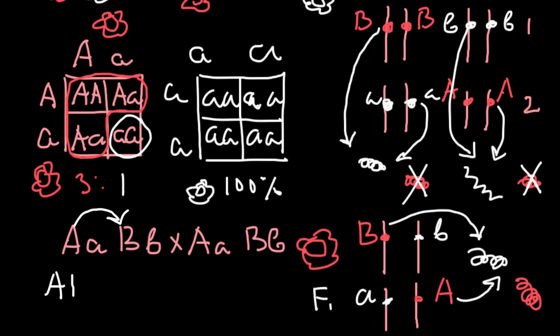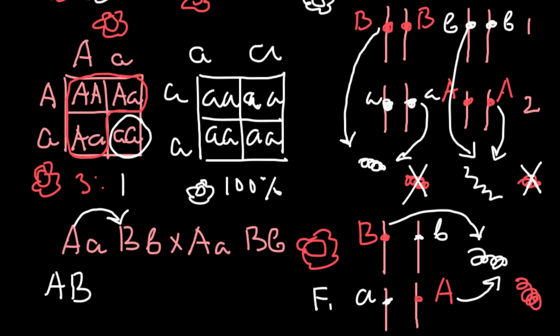So if parents are diploid, their gametes would be haploid. If parents have two alleles for each gene, gametes would have only one allele for each gene.